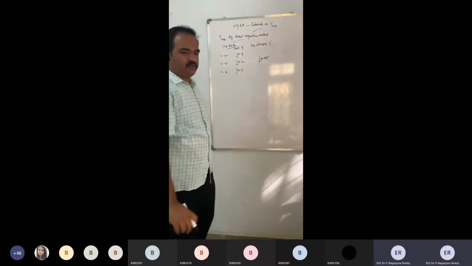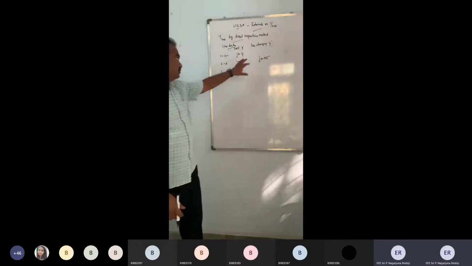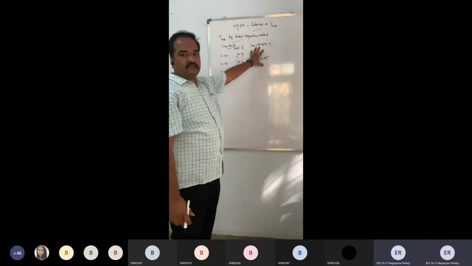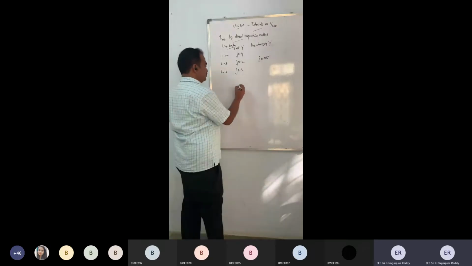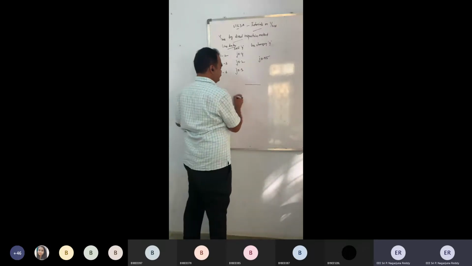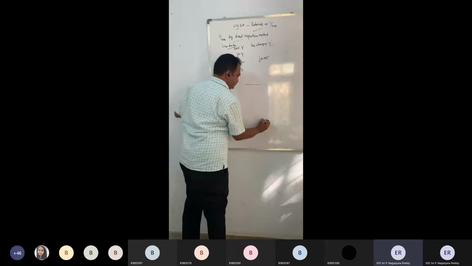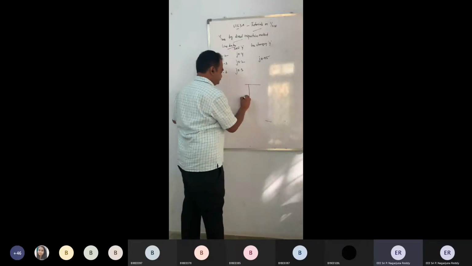Let us suppose they have mentioned it like this. They have mentioned another column, which is generally called the line charging element. So if this is the case, how to modify your diagram and how to obtain the Y-bus matrix.